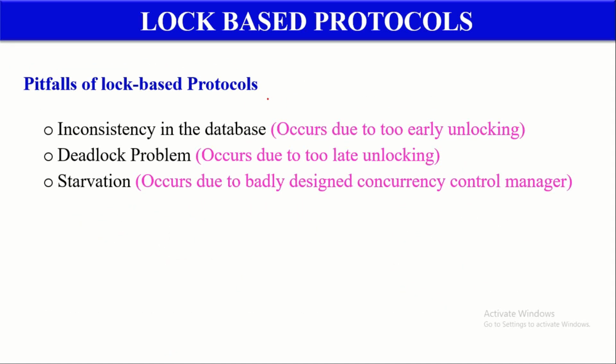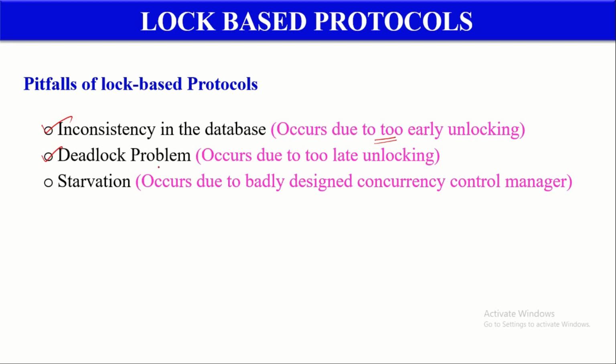Whatever we discussed now on the lock-based protocol is the simple lock-based protocol. Though the concurrency control manager uses locks to achieve concurrency control, there are a few pitfalls in this method. One is inconsistency in the database, which occurs due to too early unlocking.